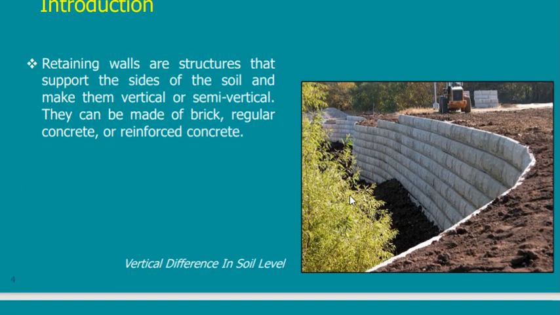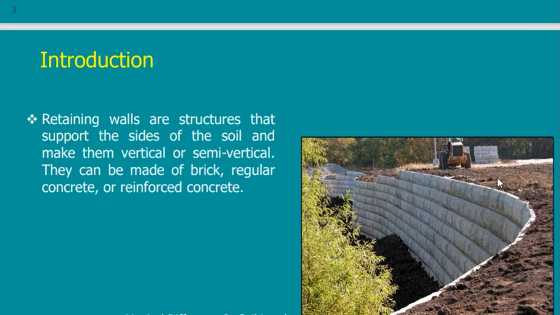So let's see, this is the higher level here. This equipment is standing here at a higher level, and you have here a lower level. What is happening? There is a very thin wall that is carrying everything. If I want to remove this wall and make a slope, you will find that you will have a slope starting from here and going all the way down and consuming a very big portion of the land.